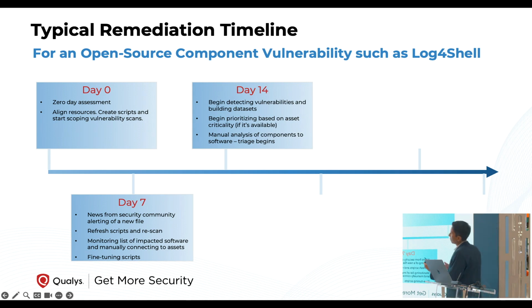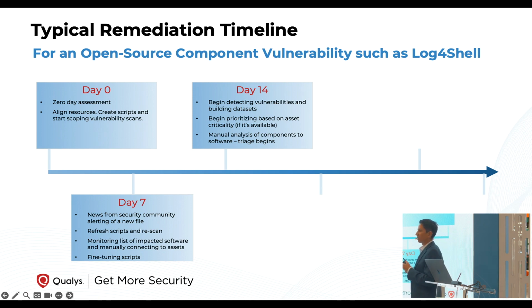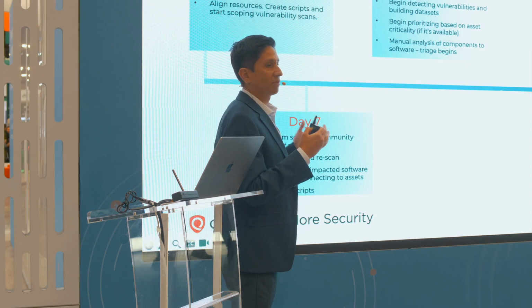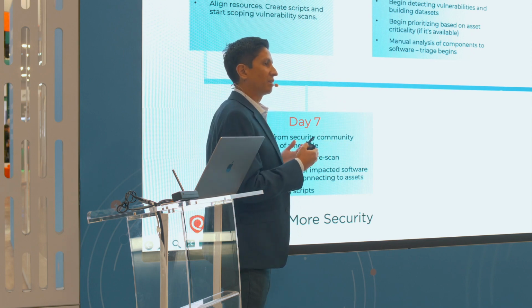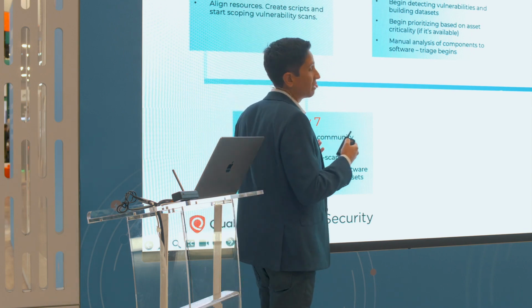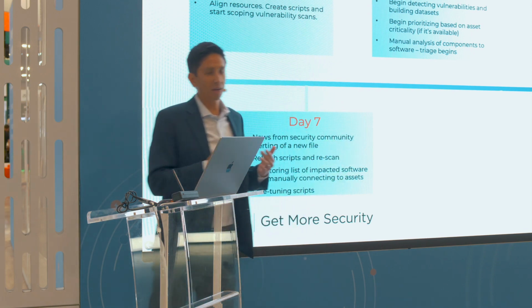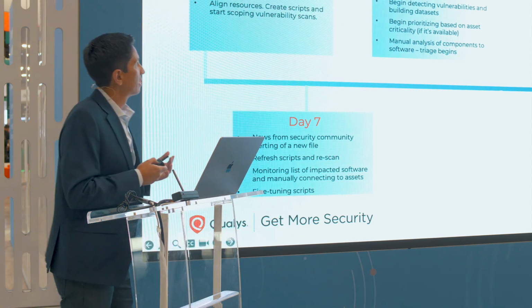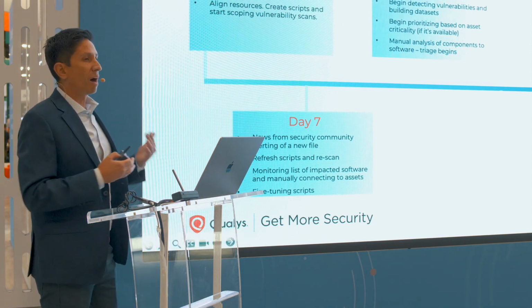And if they were able to maintain a list of critical assets in their environment, they were starting to at least prioritize based on the criticality of their assets. This is if they maintained an up-to-date inventory of their assets and which ones were more critical to their business. And there was a lot of manual analysis.